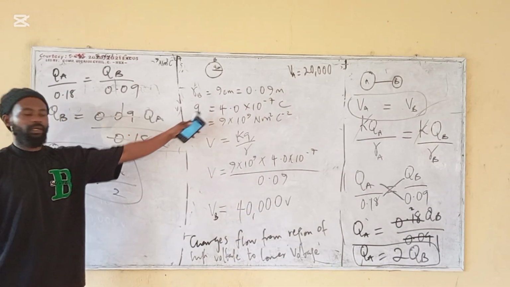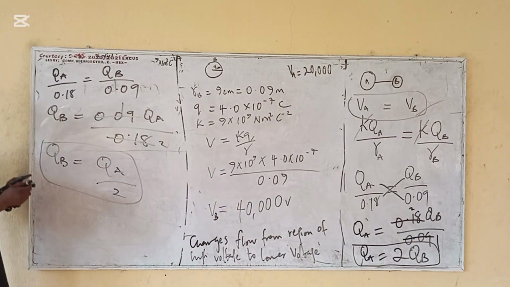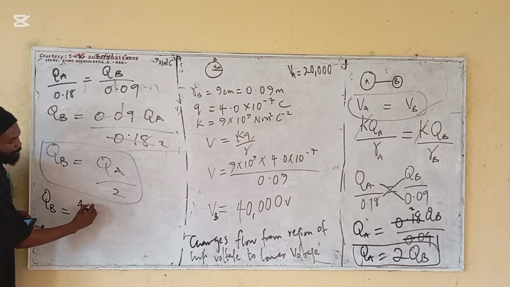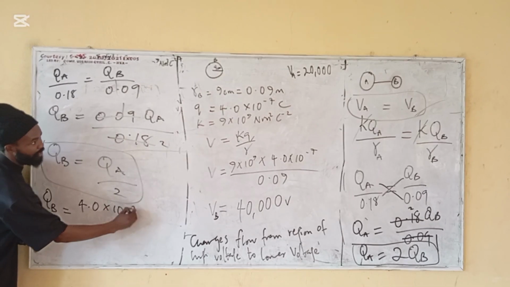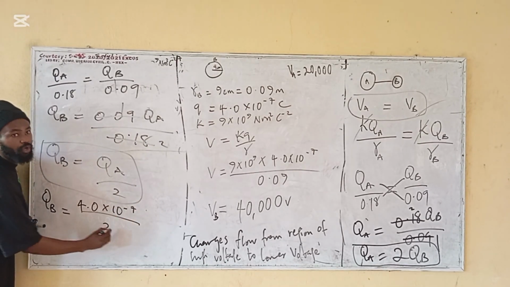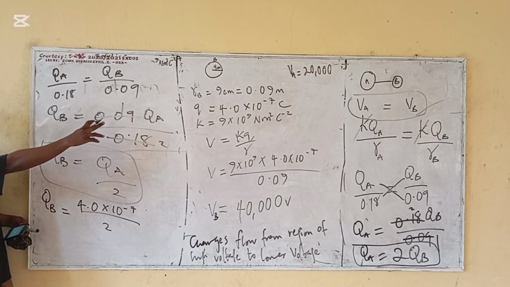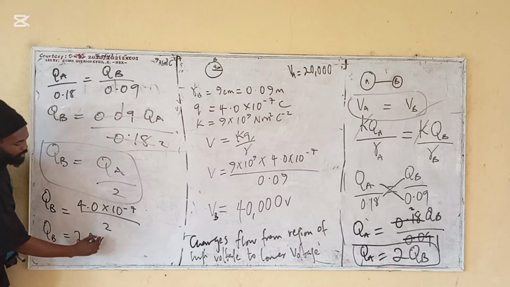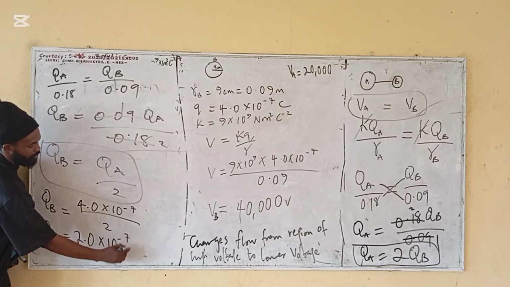They gave us the charge? Yes. Okay, that means the final charge, correct. That means that QB will simply be equal to 4.0 times 10 raised to the power minus 7, all over 2. Hope you know why, because the charges are the same. So QB will be equal to what? 2.0 times 10 to the minus 7.